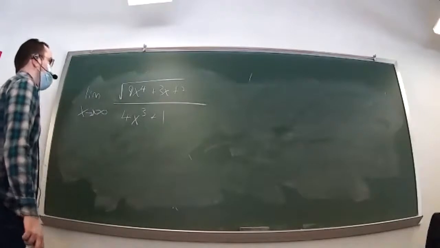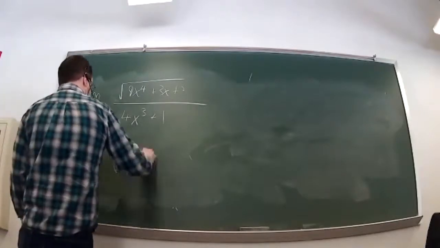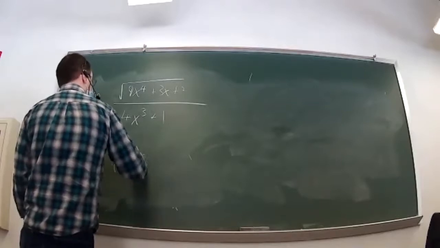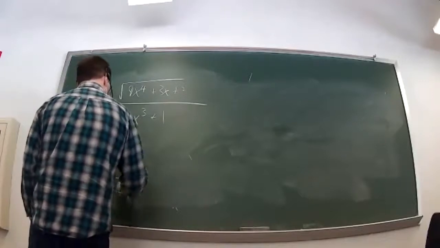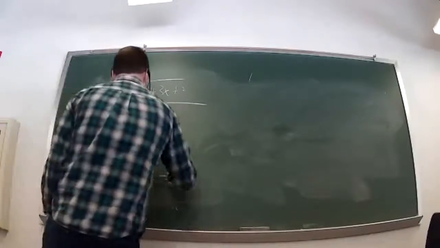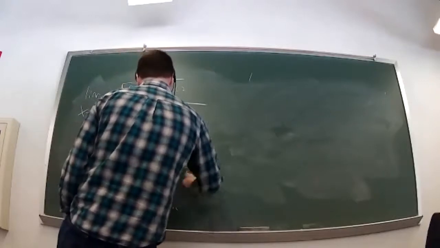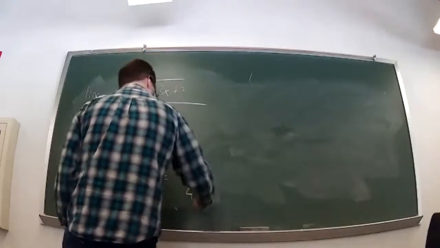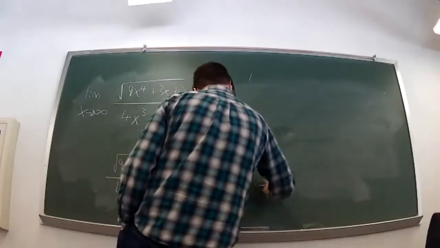What's my intuition going to tell me? Well, first of all, if the problem happened to be root of 9 times x to the 4th over 4x to the 3, then I would simplify this and say that's actually 3x squared over 4x cubed, which is 3/4 times 1 over x.